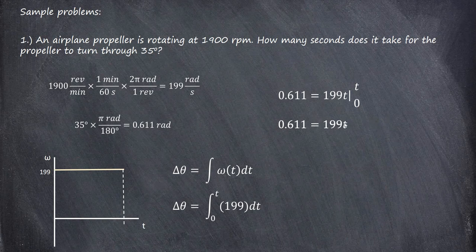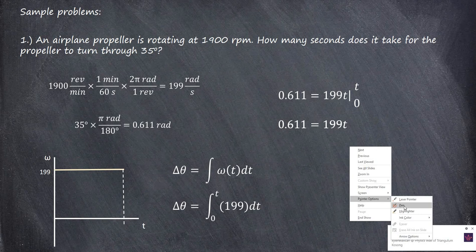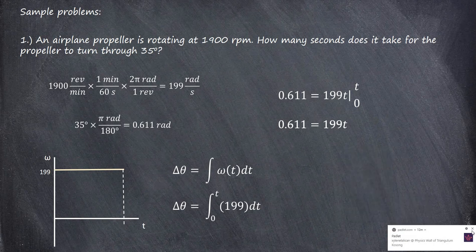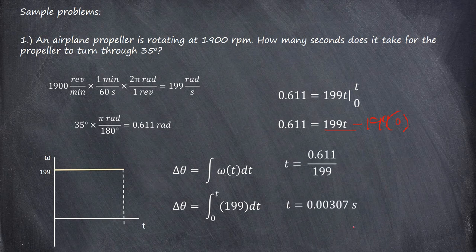That disappears, so what is left is 199t. I hope you remember your rules in integration. What's left is just this, and we divide both sides by 199. We get 0.00307 seconds. The final answer.